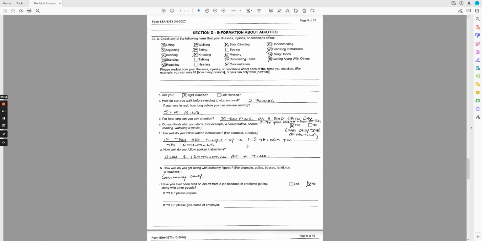And so here, information about your abilities. Check any of the following items that your illness, injuries, or conditions affect. So here, as you can see, based off those 3 illnesses I mentioned, degenerative disc disease, fibromyalgia, and diabetes, I wrote lifting, squatting. Squatting is, think of a football player taking a knee.